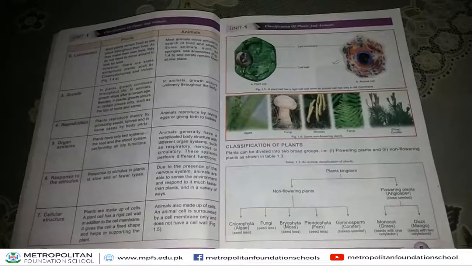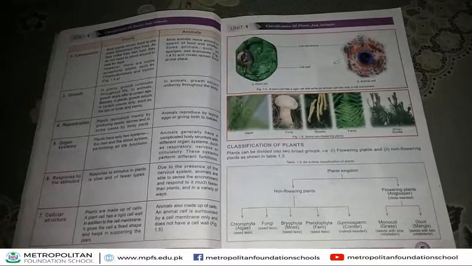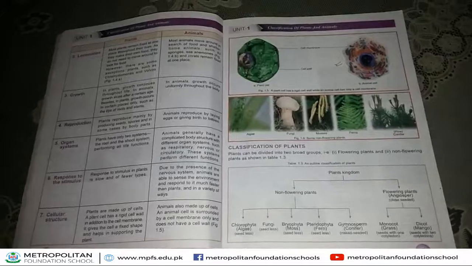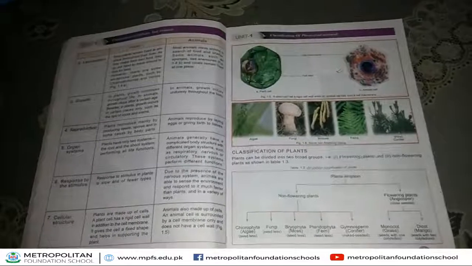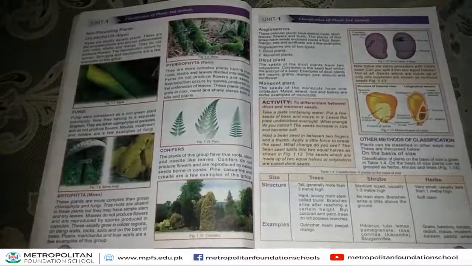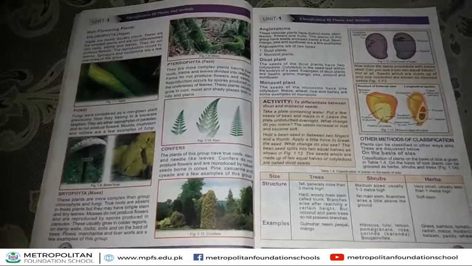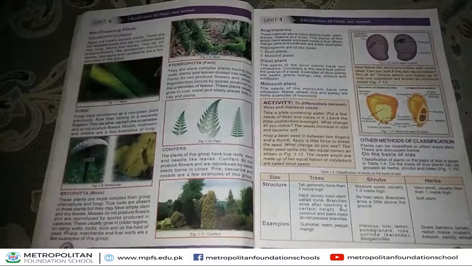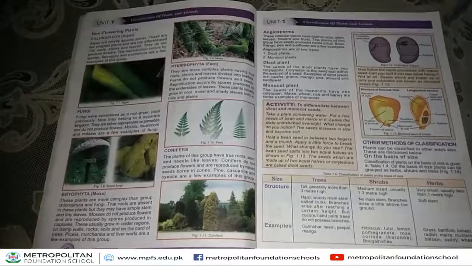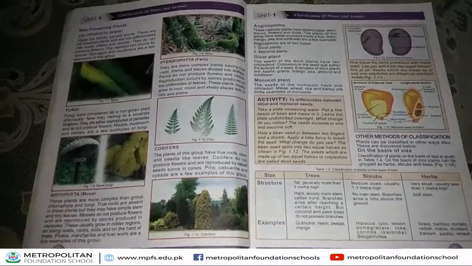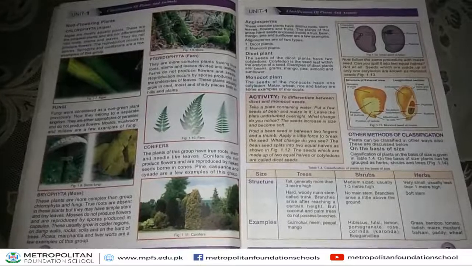Okay, now we discuss these kingdoms in detail. First, we discuss chlorophyta. Non-flowering plant is divided into kingdoms, kingdom 1 is chlorophyta.